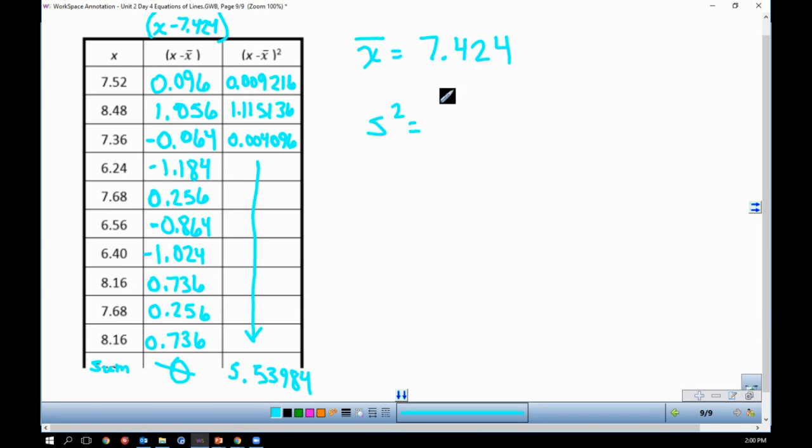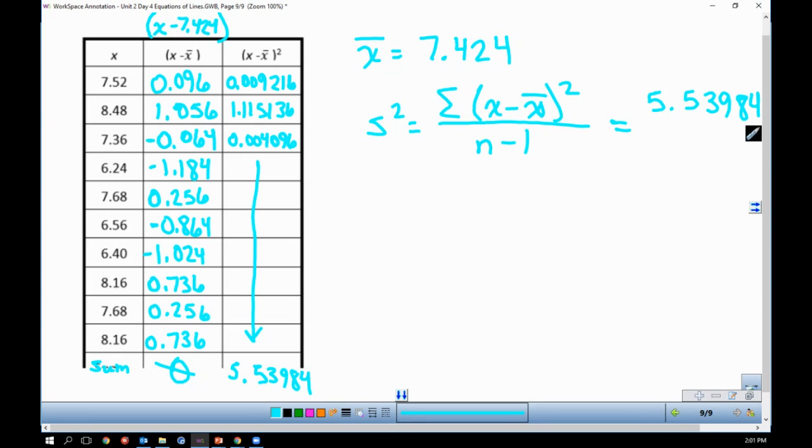And when you add up that last column, you should get 5.3984. So if we write our formula down for variance, the summation was 5.3984 divided by, how many observations did I have? 10. 10 minus 1 is 9.